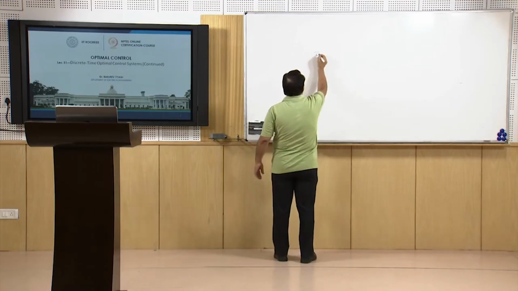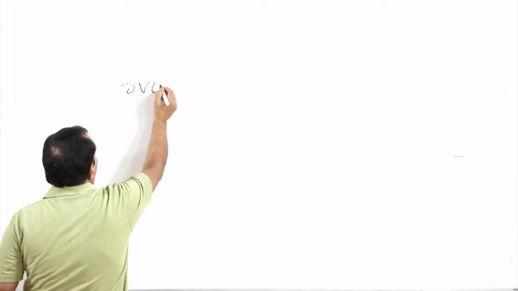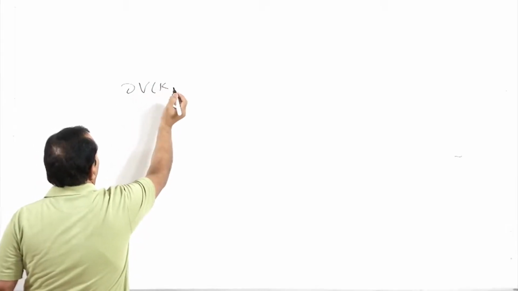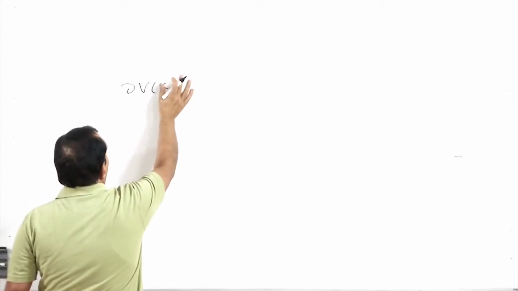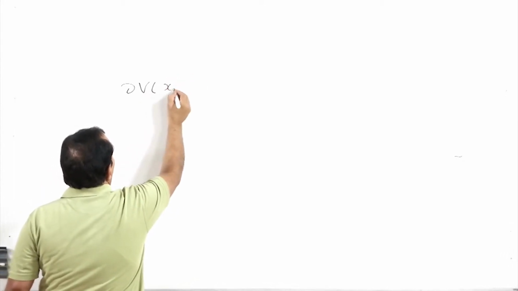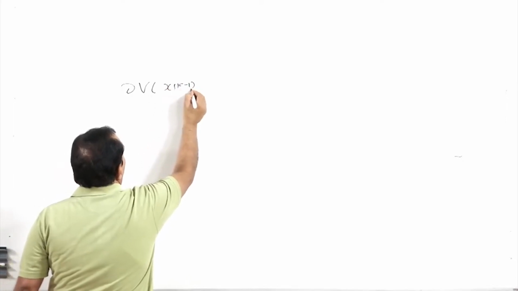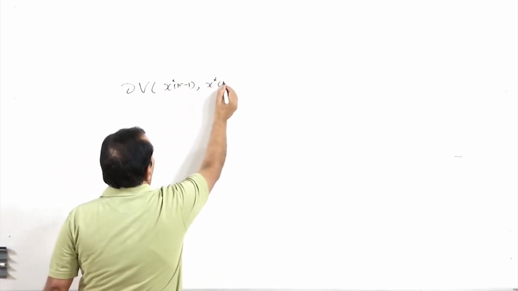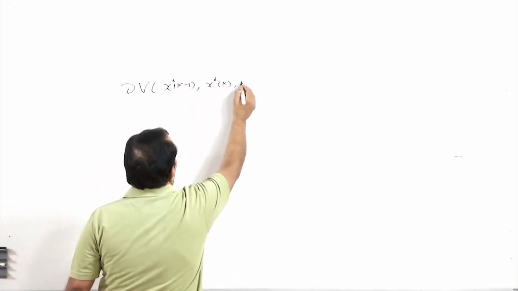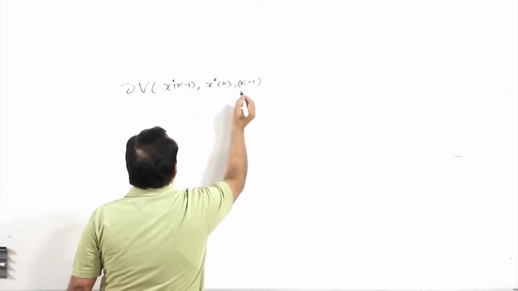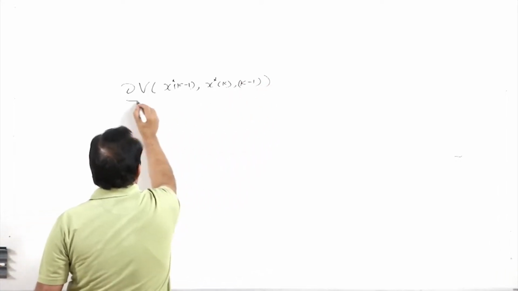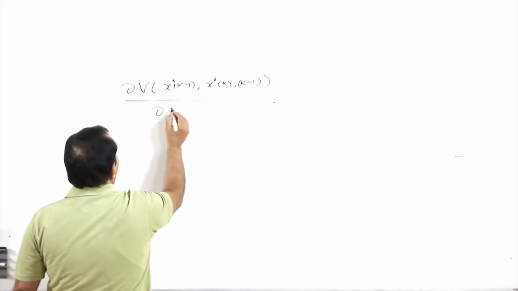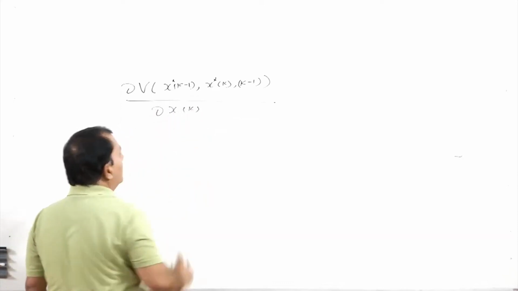So, what we are saying, del v by del x of k minus 1, x star of k minus 1, delta x of k.